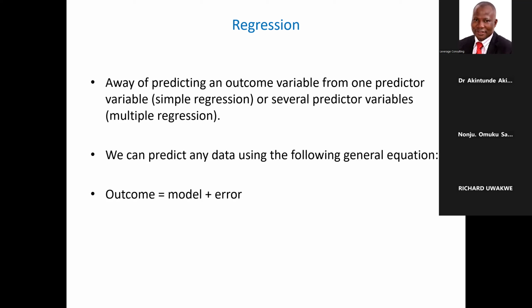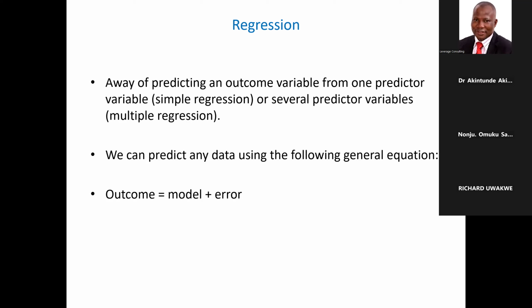But when you have more than one, maybe sex also, apart from the BMI, then maybe other comorbidity, maybe hypertension, many other factors, that is when you want to predict a particular outcome from several factors at the same time. That is called multiple regression.